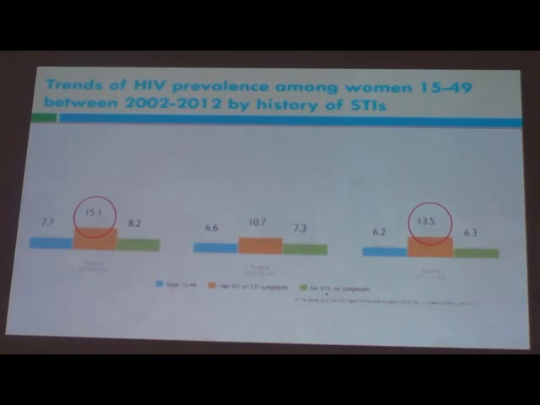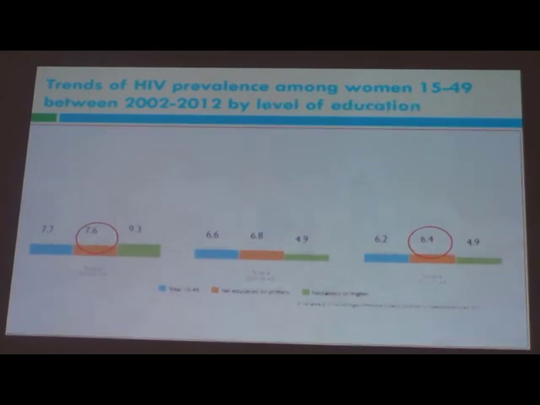And if you look at level of education, while there is a significant decrease of HIV among those with high education, from 9.3 to 4.9, only a slight change has happened over the years among those with low education, from 7.6% to 6.4%. But all these are descriptive statistics.